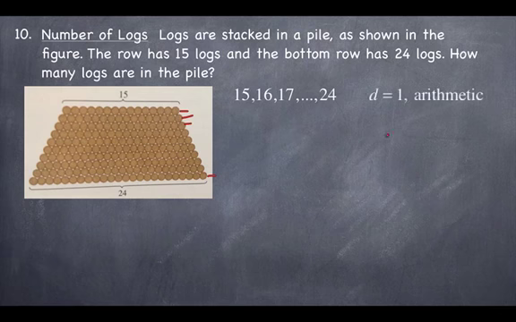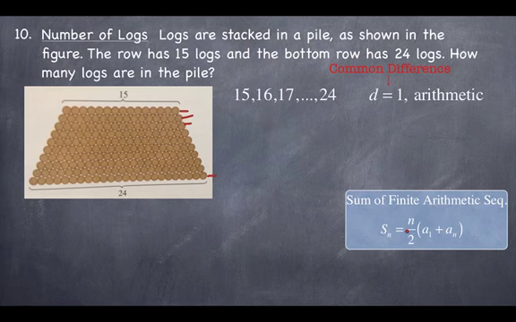Now, you're going to notice that this is actually an arithmetic sequence, and the common difference, this is what the d is, you learn this in Algebra 2, is 1. Why is the common difference 1? It's because we keep adding 1. And then at this point, we know we can use this formula. We find out what n is, which is 10 terms that we're adding.